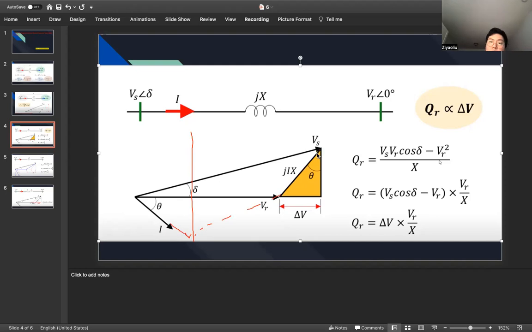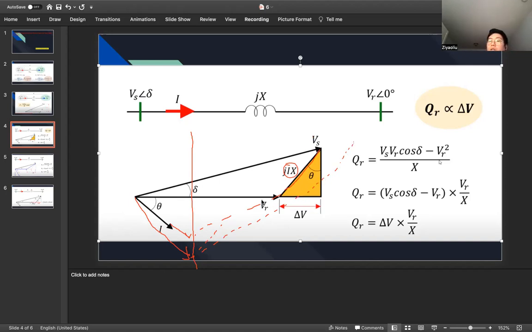This is actually the voltage drop, IjX, right? But if we add this current here, what happened? Sorry, guys, it has to be here, right? The voltage drop is this line.